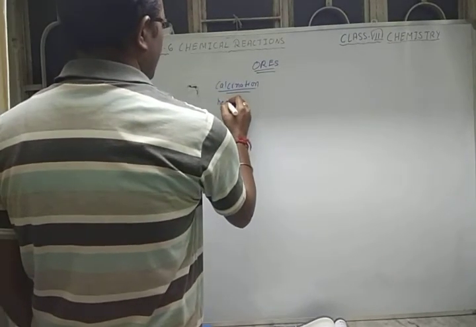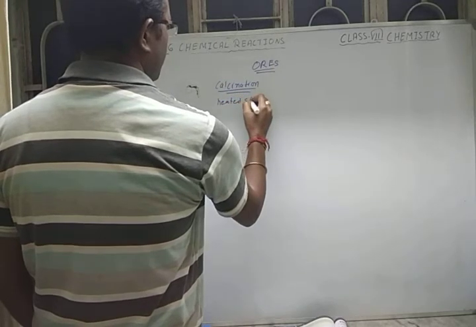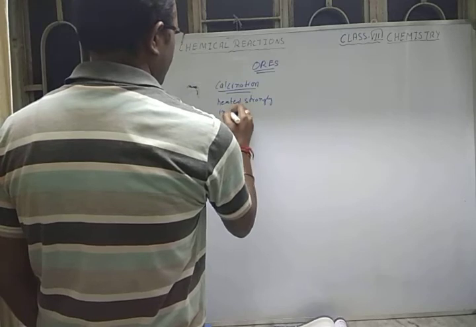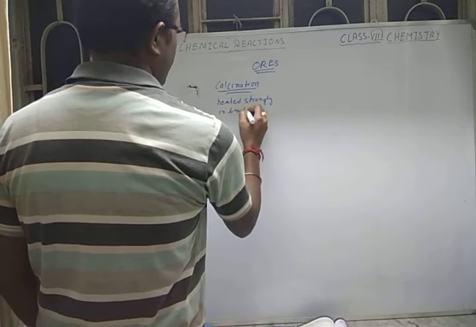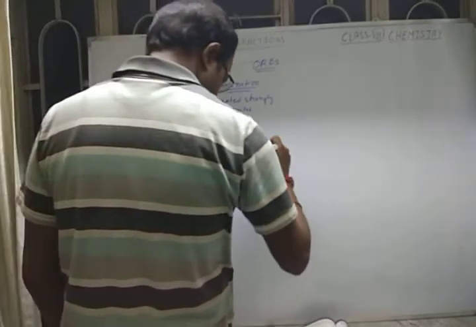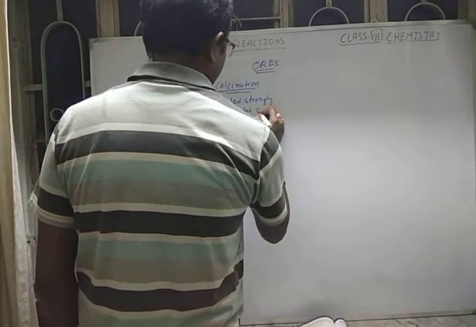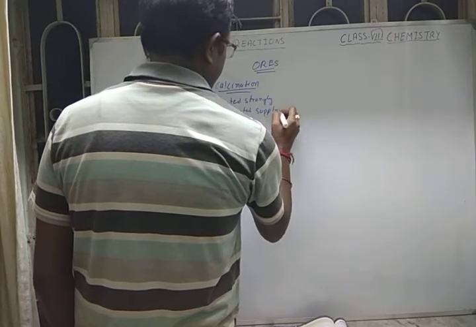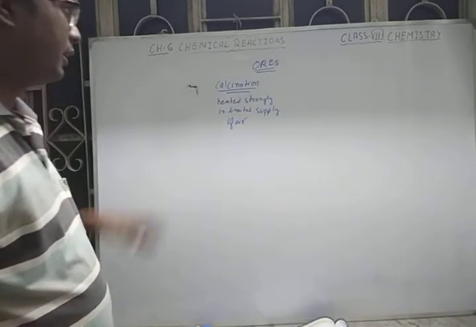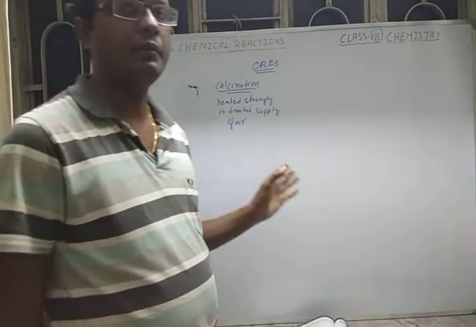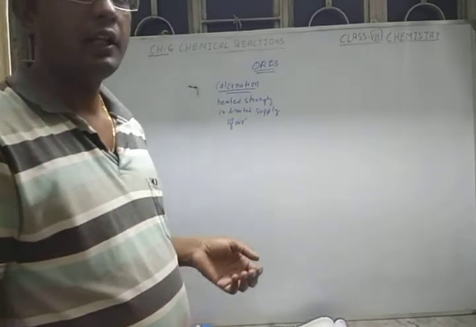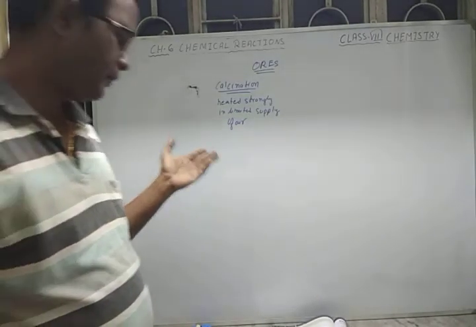So the metal ores are heated strongly in a limited supply of air, then it is called calcination, and we get a metallic oxide.